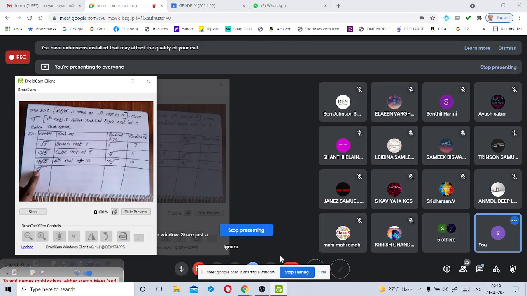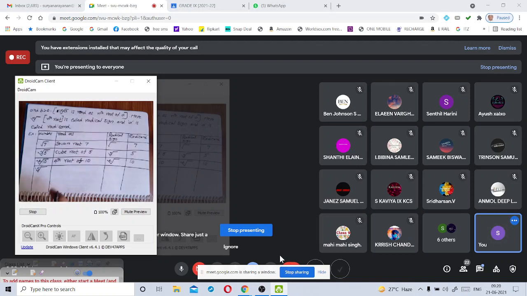And observe the numbers, my dear children, 3, 4, 5. Don't write them before the radical sign. Write them in between this gap only. Inculcate the habit of writing in the correct place.